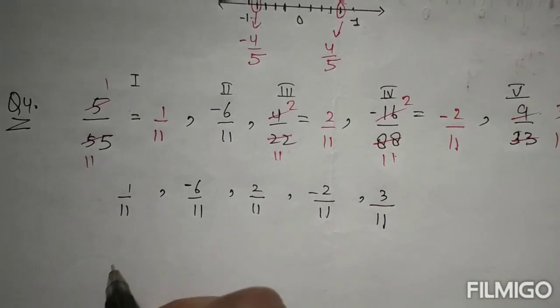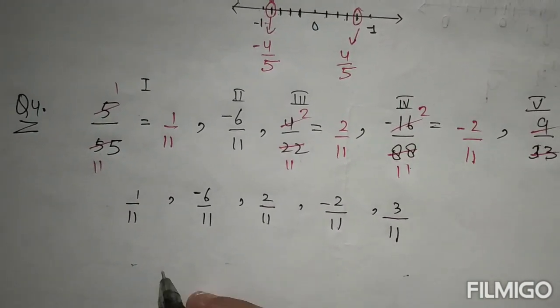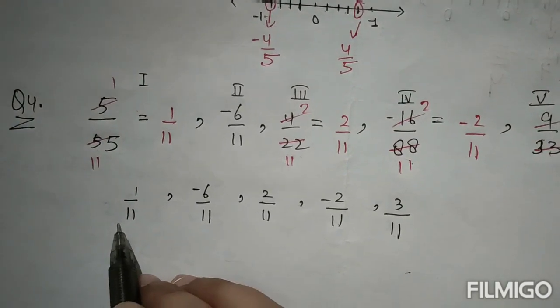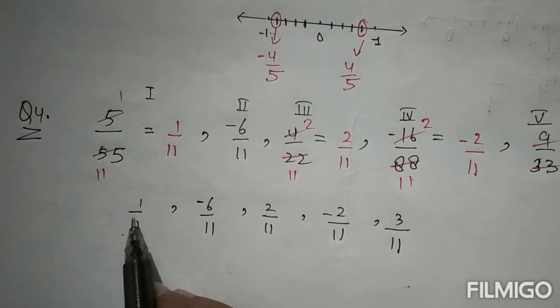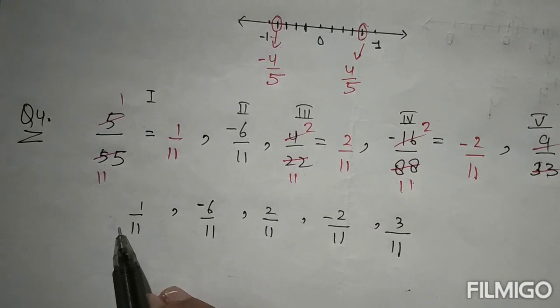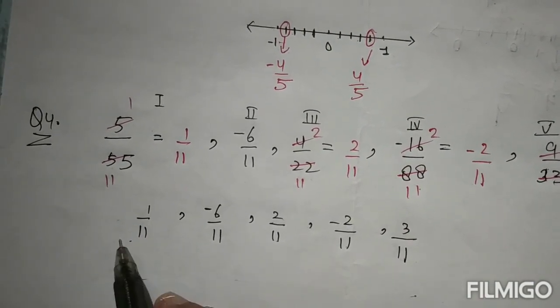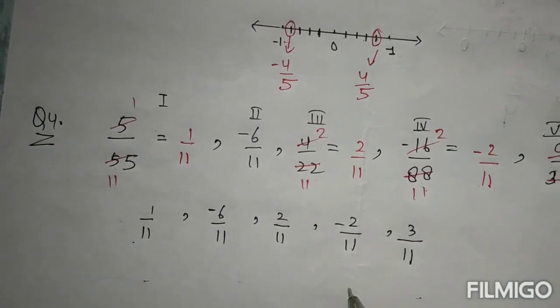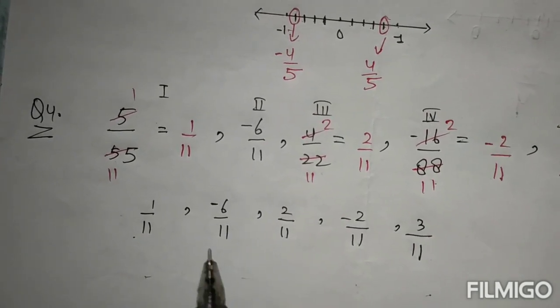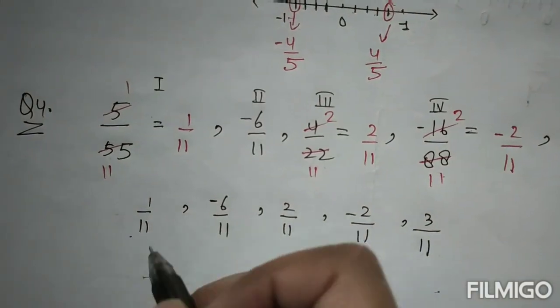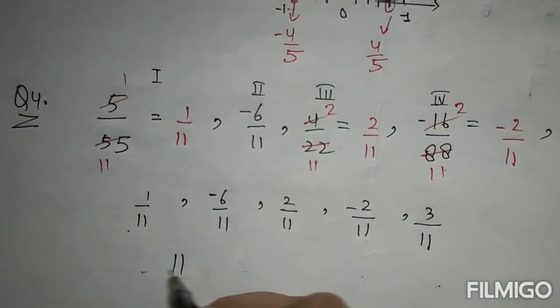So that means each unit will be divided in 11 parts. You know that we have to divide each unit according to the denominator, and here all the denominators are the same, that is 11. So each unit will be divided in 11 parts on the same number line.